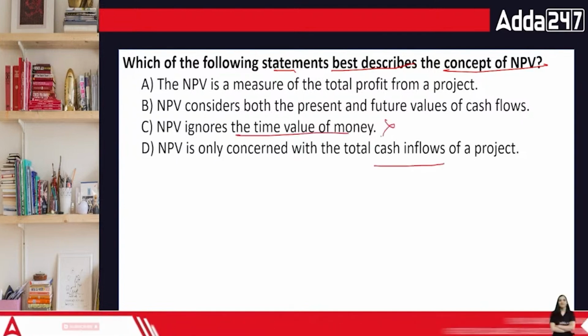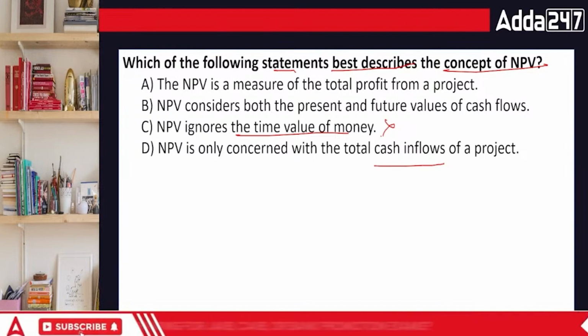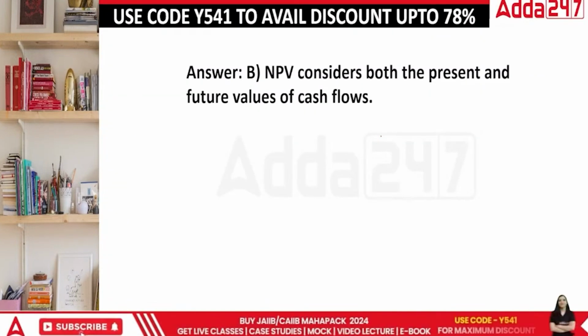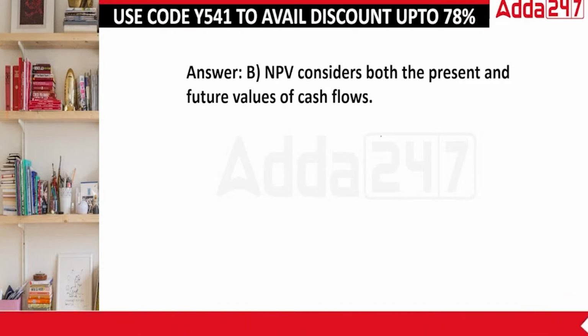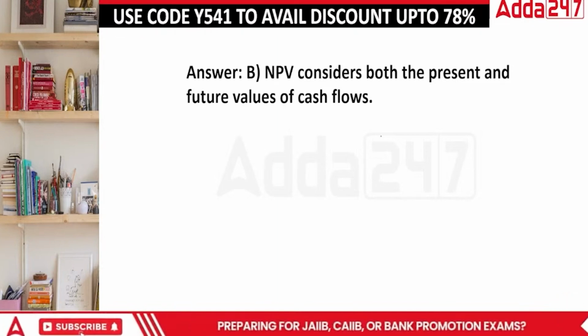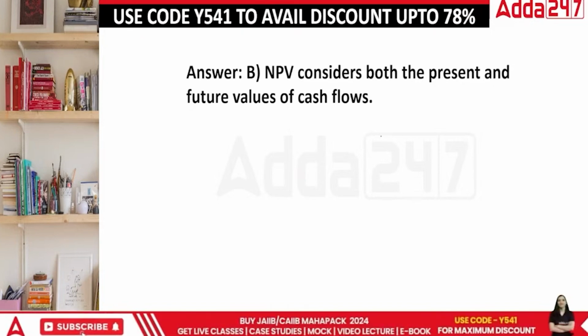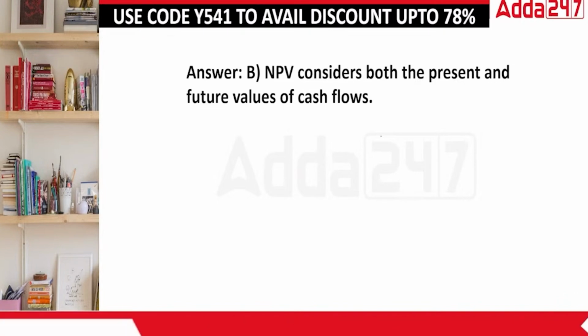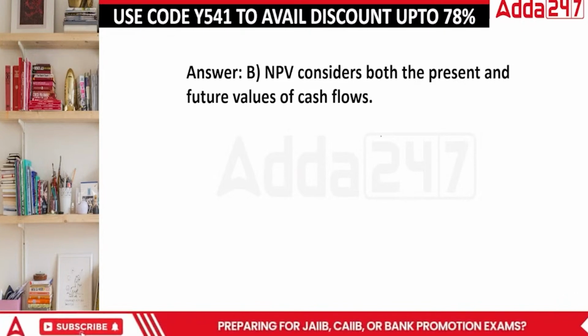It never ignores the time value of money. In this case, one thing it is doing is that it is including both the present value and future value. They take up the future value and convert it into present value. Done, everyone?